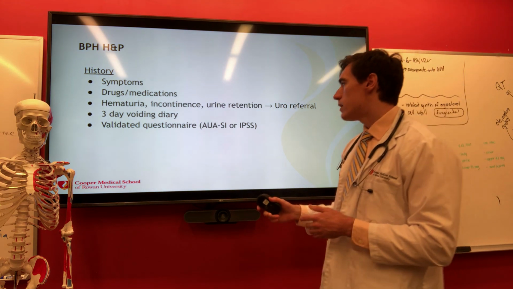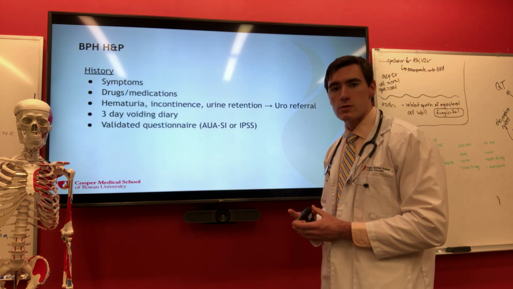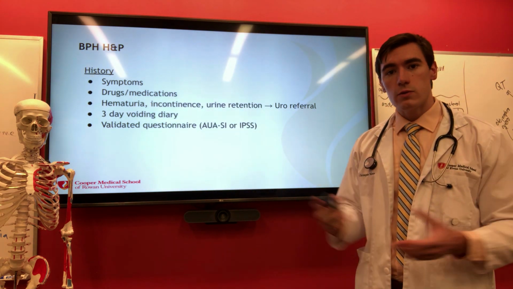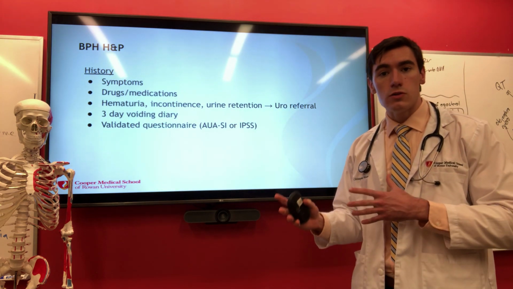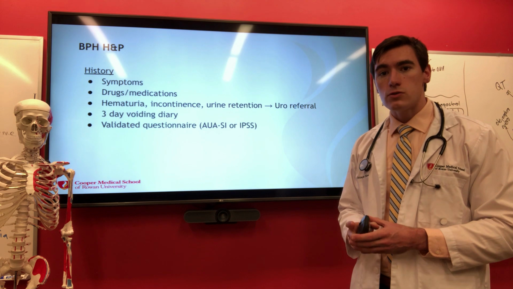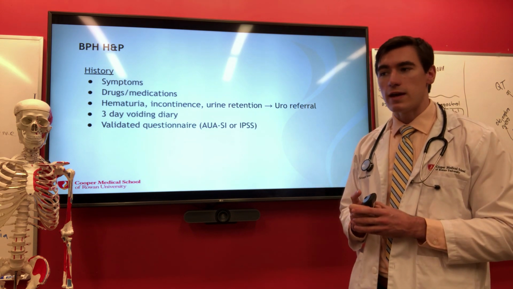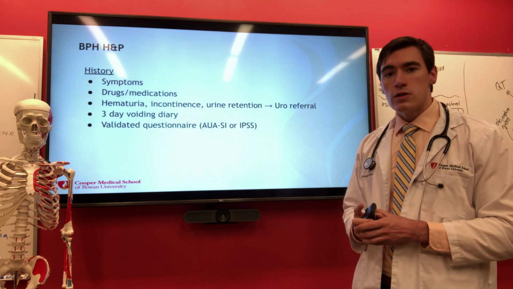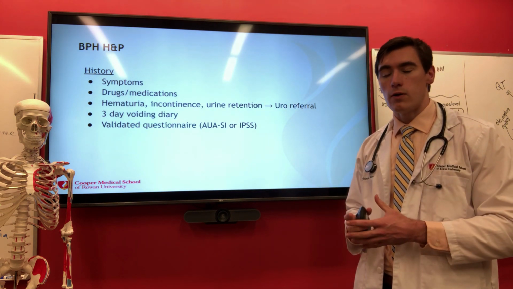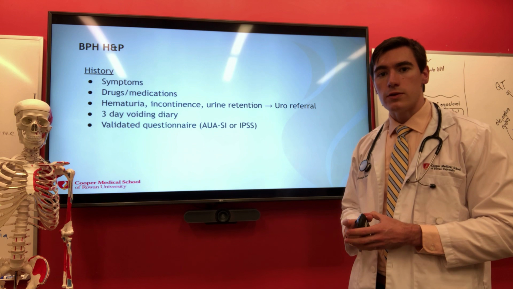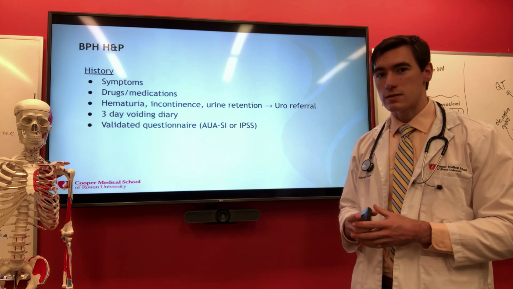So for instance, you want to have the patient fill out these questionnaires at their first visit, and then at subsequent visits, you have them fill them out again. And then this allows you to, once you put them on treatment, track the quantitative effect that treatment has had. So if you see their scores going down while they're on treatment and over the course of their following up with you, this indicates that the treatment is having success.